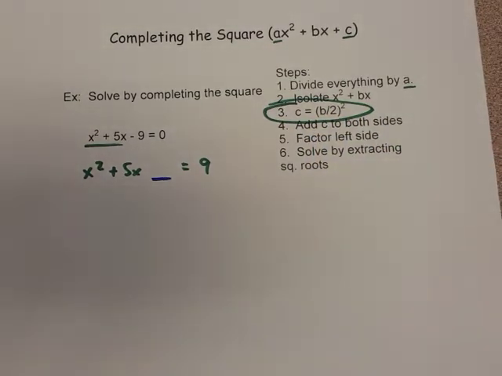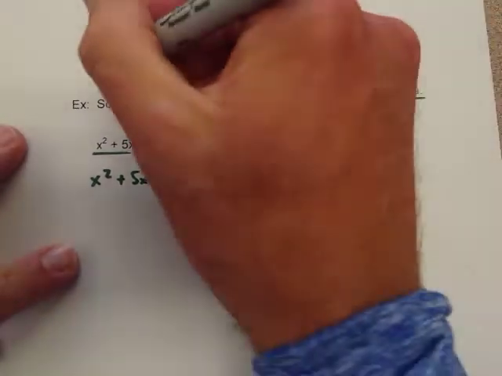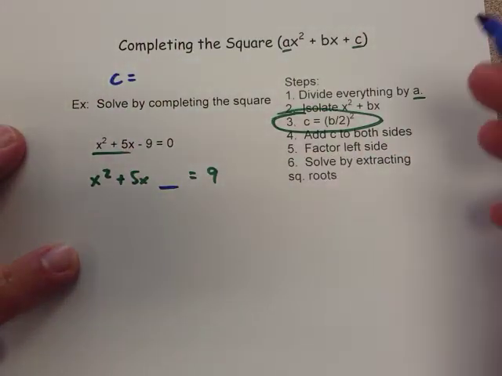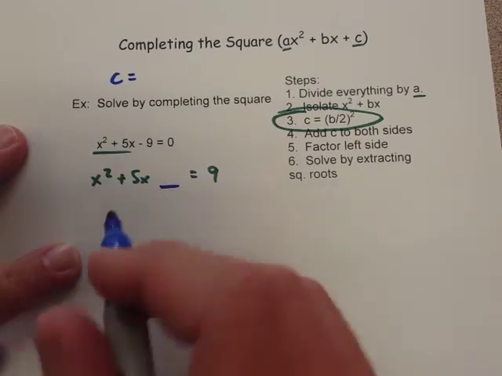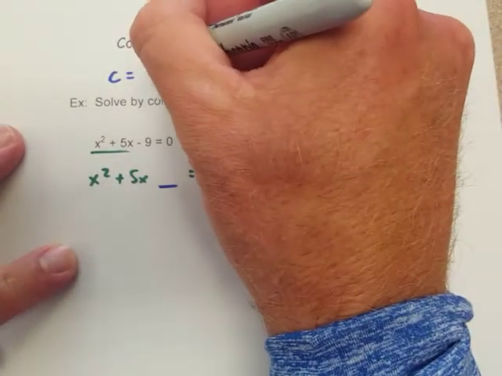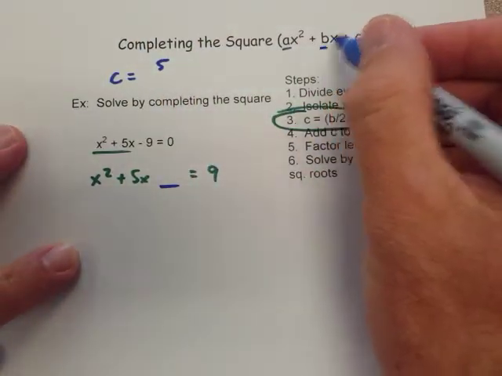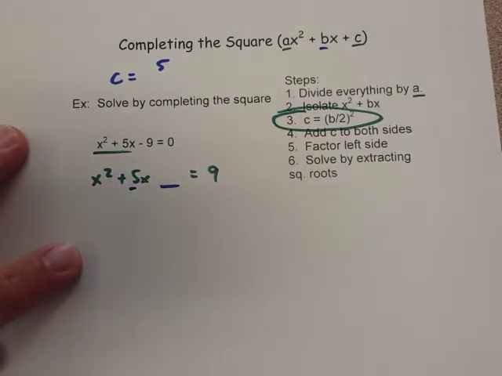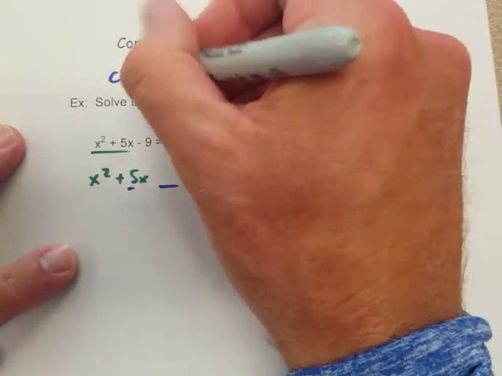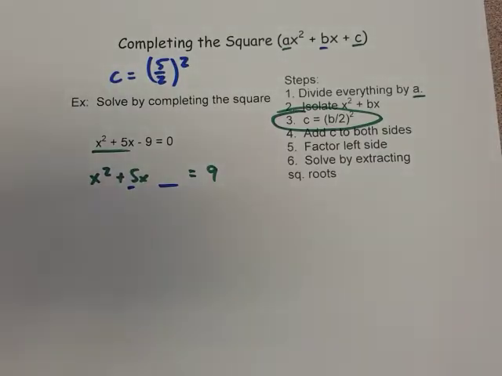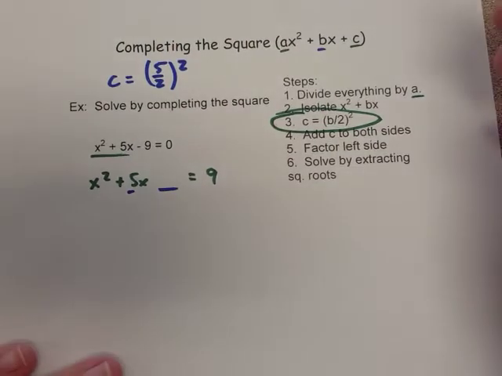So a little side problem here. We're going to take and find c, and we know that that is b over 2 squared. Well, in this case, b is 5, because that's our b right there. So 5 over 2 squared. All right, square that.